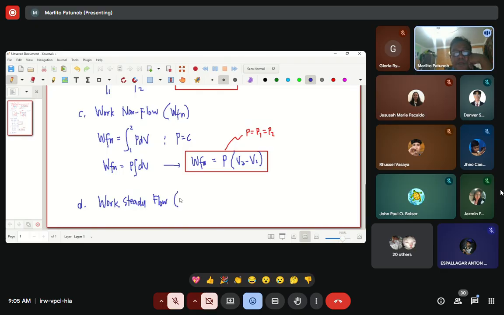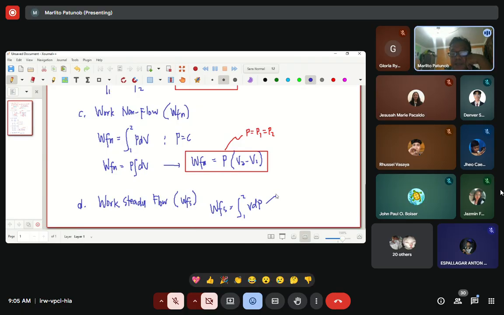So this will be your WFS. We know that work steady flow is the integral from limits 1 to 2 of V dP.